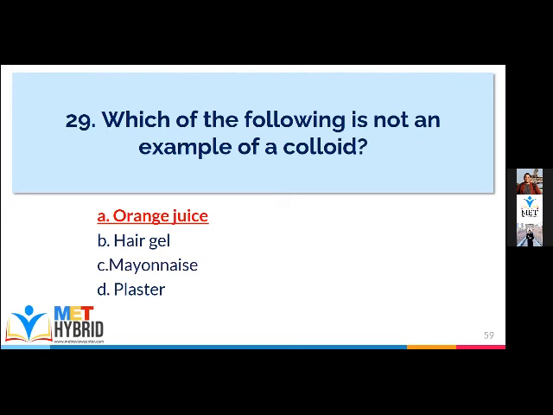That is what we call suspension. If it doesn't settle down, that's colloid. Examples of colloids would be hair gel, mayonnaise, and plaster. So that's for number 29.